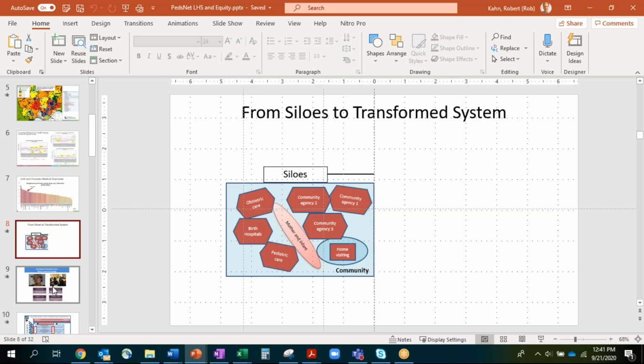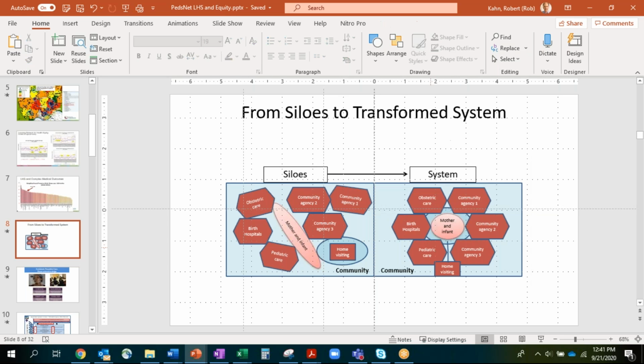But if you were to ask what the components of a system are, just in the prenatal and early postnatal period, you have mothers and kids, obstetric care, birth hospitals, pediatric care, community agencies, home visiting, really a jumble of services. The question is, could we define the system with parents and mothers at the center, and get to an idealized system in which everyone was contributing their best selves in a shared theory to get to an outcome?